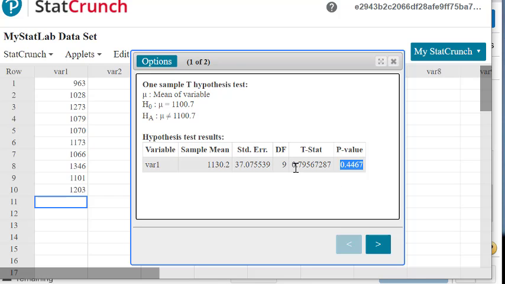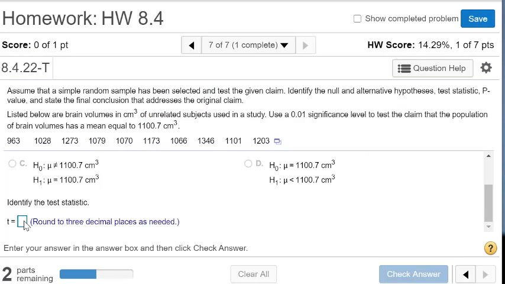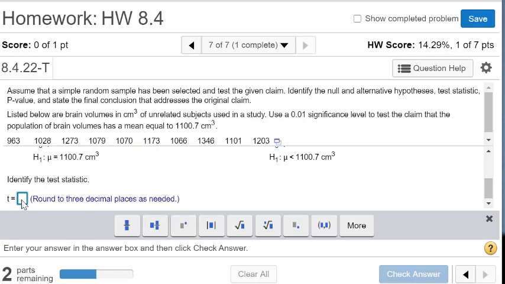Okay. So let's make a note of these numbers. Our test statistic, I'm going to copy this much and paste it on to our answer. And they want us to round off to 3 decimal places. So this is our 4th decimal place. It's bigger than 5.